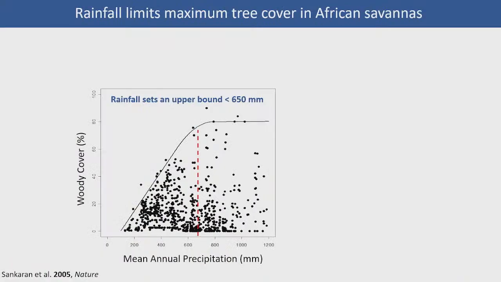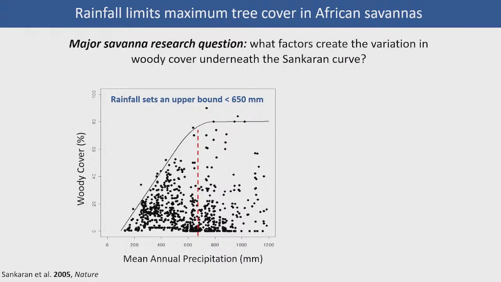From this really well-known paper by Mahesh Sankaran, we know that rainfall sets an upper bound to tree cover across African savannas. We also know that this has been a major savanna research question for essentially the last decade, especially what controls variation under this curve.